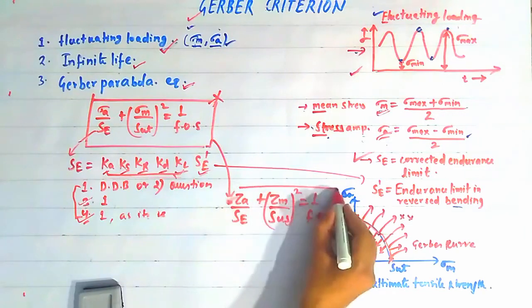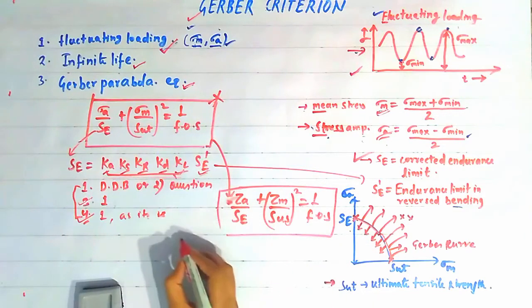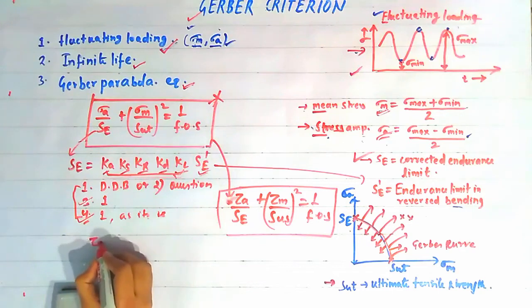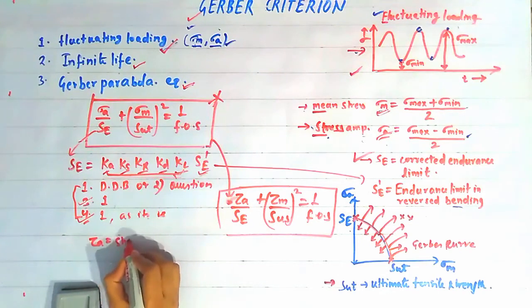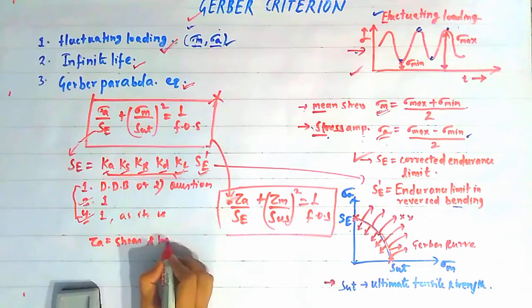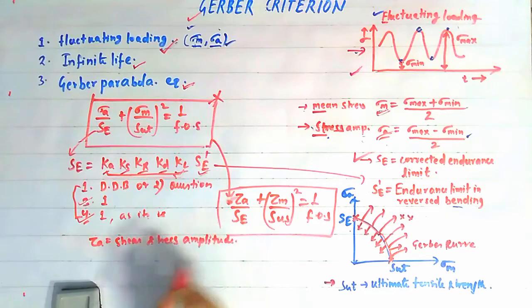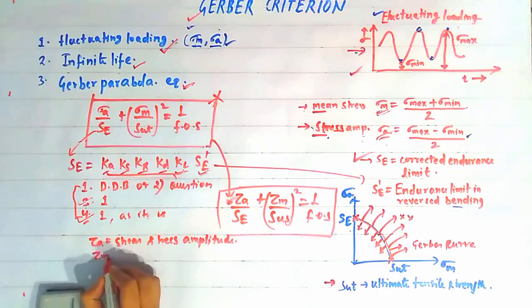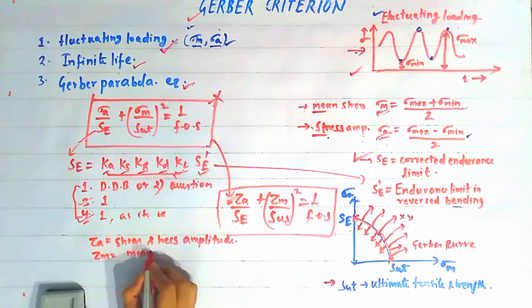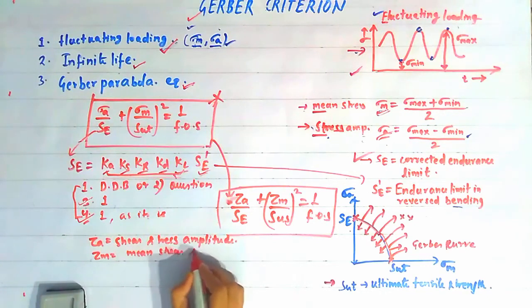Now here, you have to note down that tau a is the shear stress amplitude. And tau m is the mean shear stress.